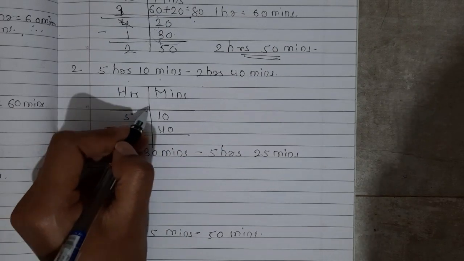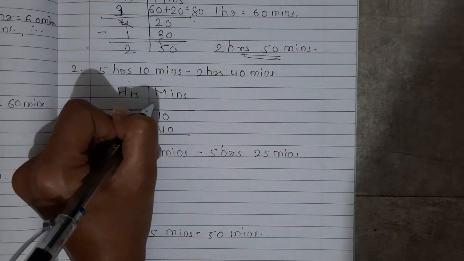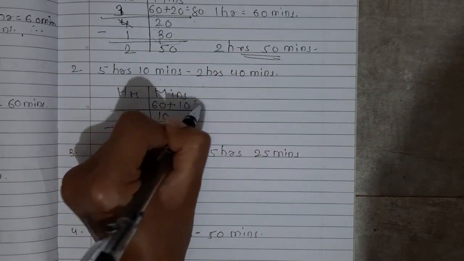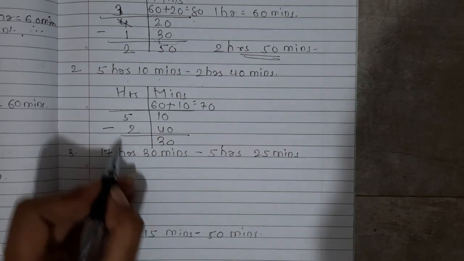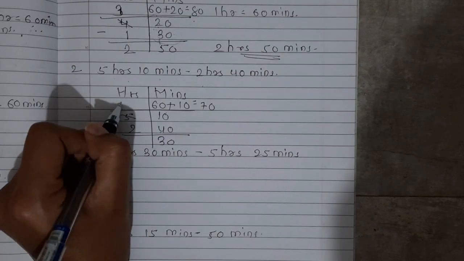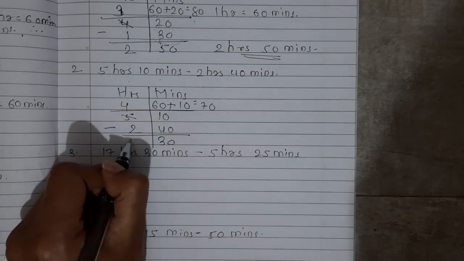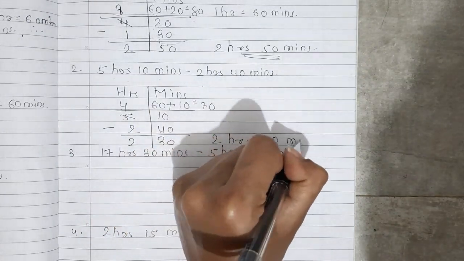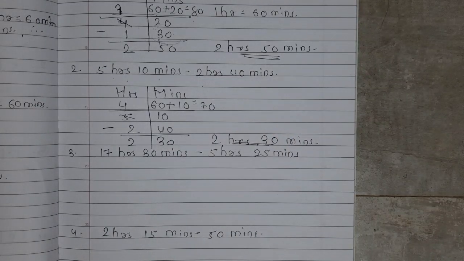So we have to take 1 hour from here and convert it into minutes. 1 hour is equal to 60 minutes. 60 plus 10, 70. 70 minus 40, 30 minutes. You have to deduct that 1. 5 minus 1, 4. 4 minus 2, 2. 2 hours 30 minutes.